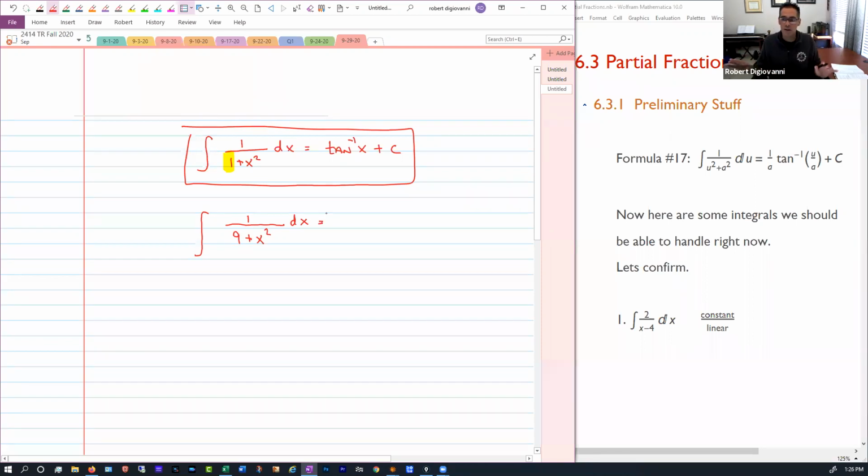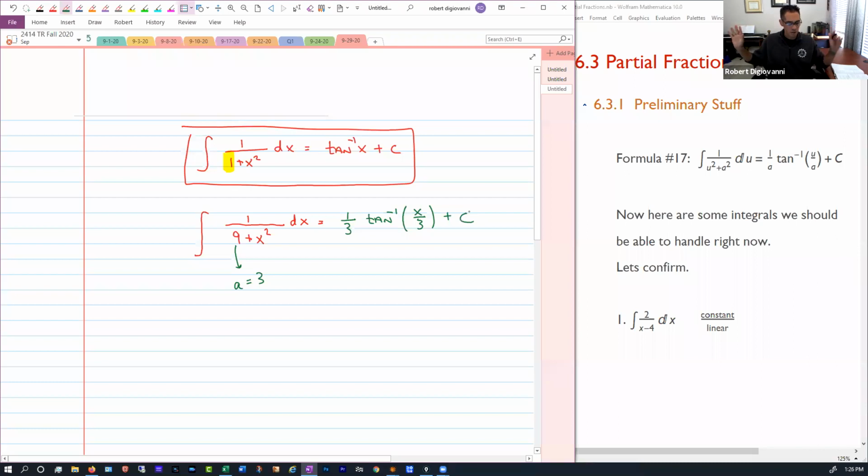We need to know that's formula 17. What would this tell us a is? 3. And so we just write the formula down: 1 over a arctangent of u over a, but our variable is x, so x over 3 plus c. And we're done.